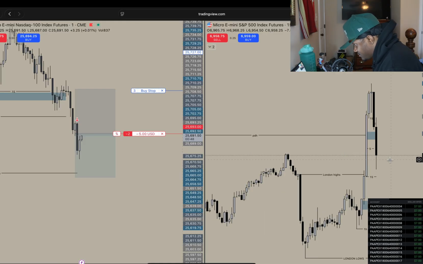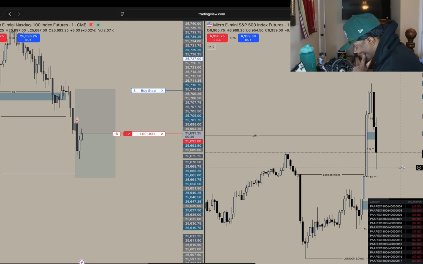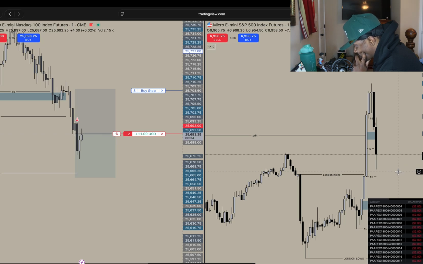Got this 15-minute resting lower. I've already dug into this previous 15-minute on ES pretty deep, so it's definitely possible we see a retracement back down to this 15-minute gap.